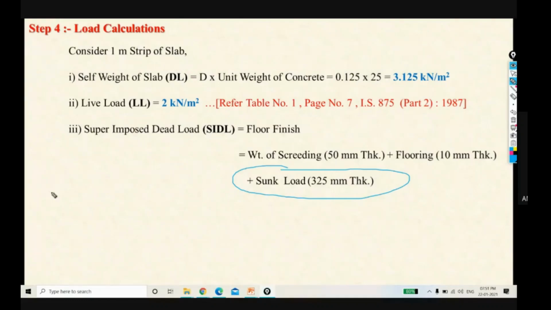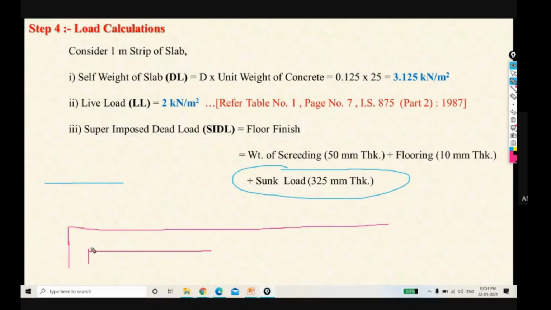See, let's say this is our one slab, and let's say here a bedroom is there, and suddenly another slab is starting for the toilet.